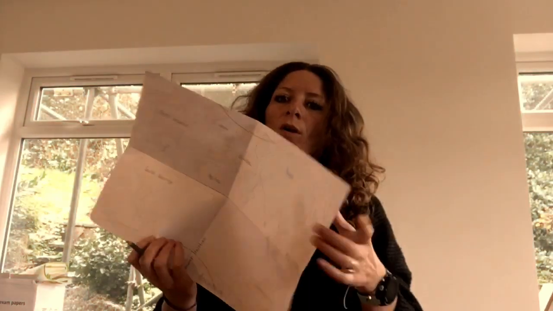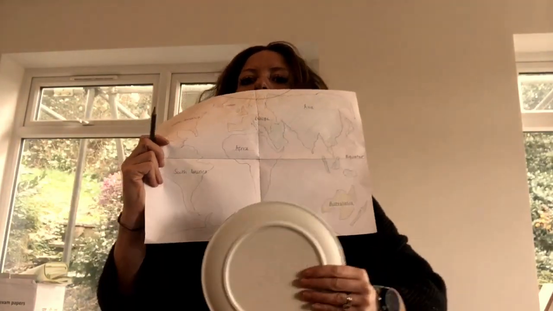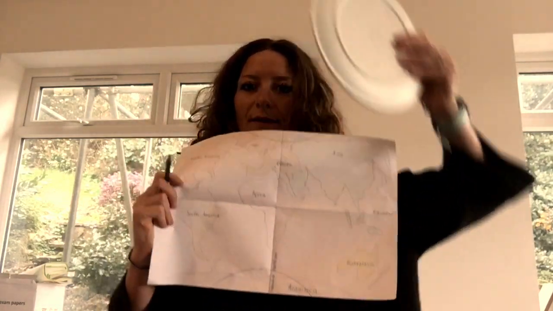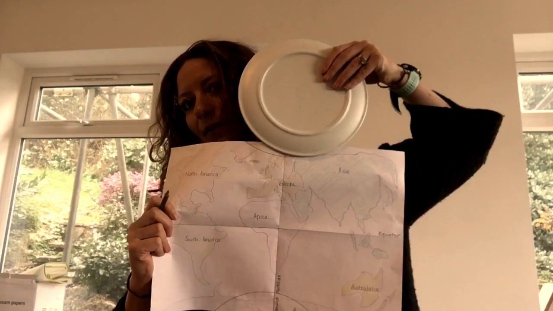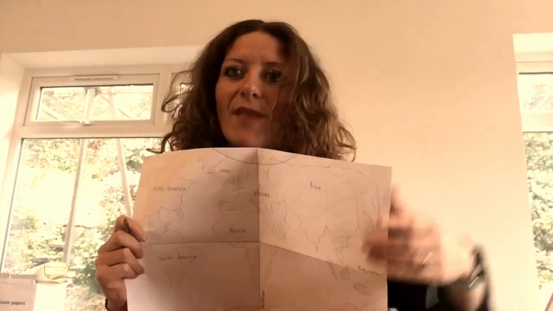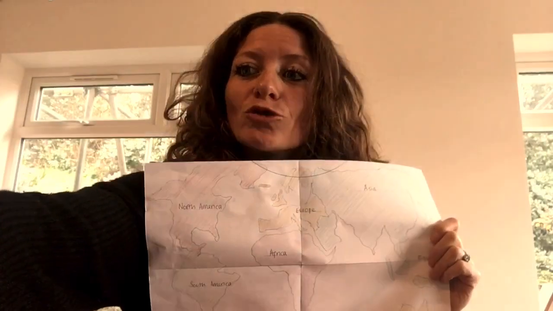So, what I did was I got my plate and I put it on my map and I just drew around it like that. And then I did the same thing at the top of my map. Now I want you to do that first and then we're going to label it, okay? So press pause on the video, use your plate, draw your circle.